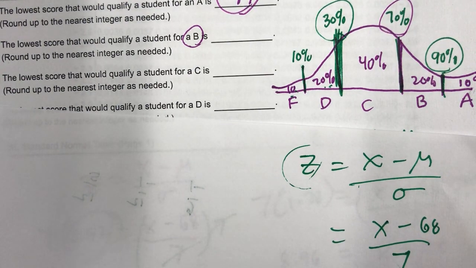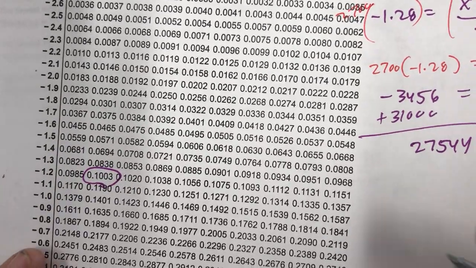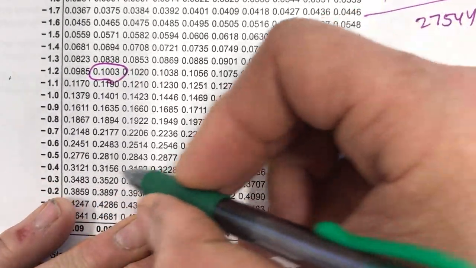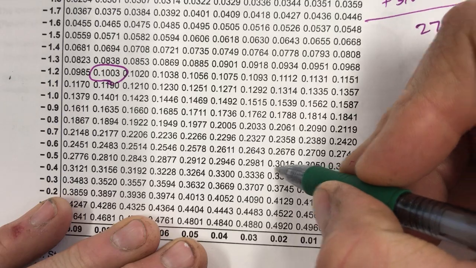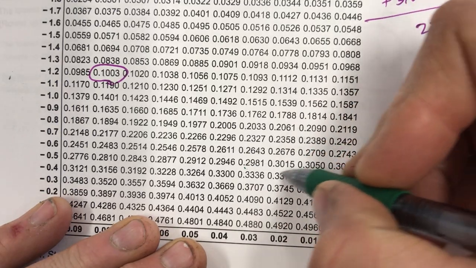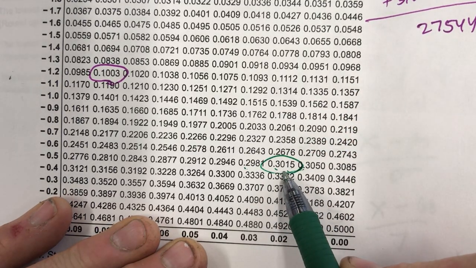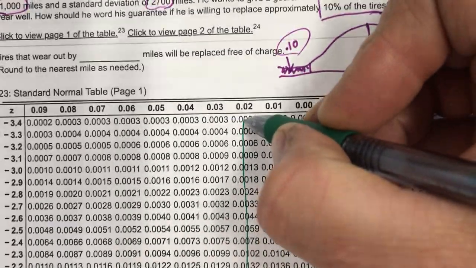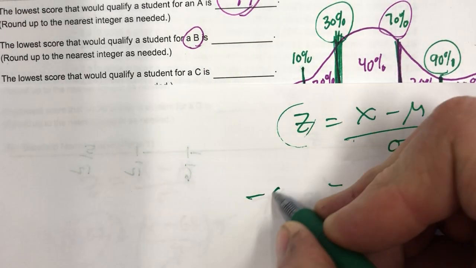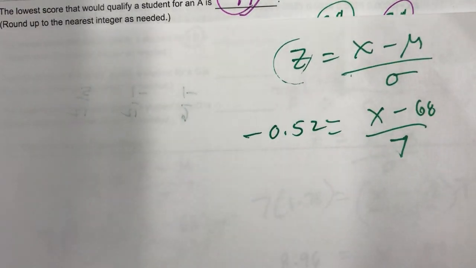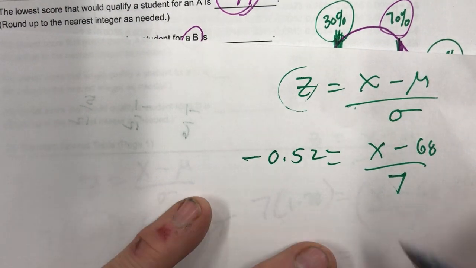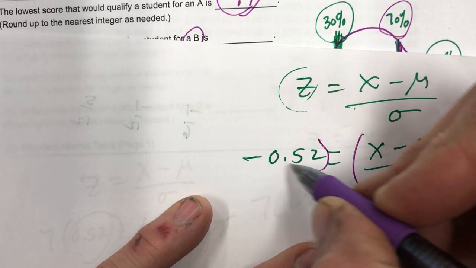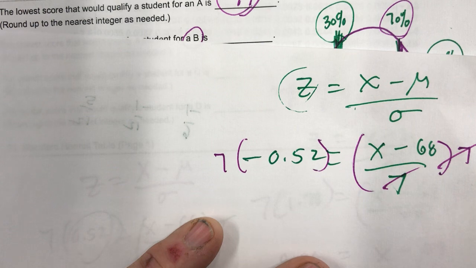So 0.30. It's right here, 0.30. So it's negative 0.52. Okay, and now solve this. First thing we do is multiply both sides by 7, which makes this cancel over here.